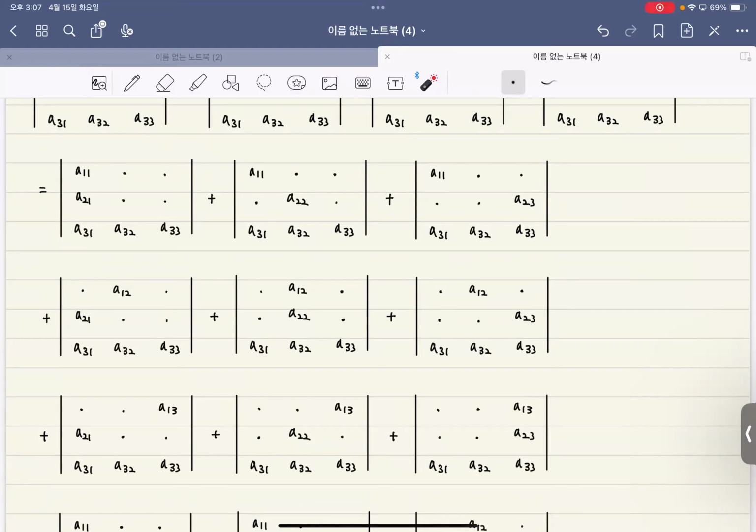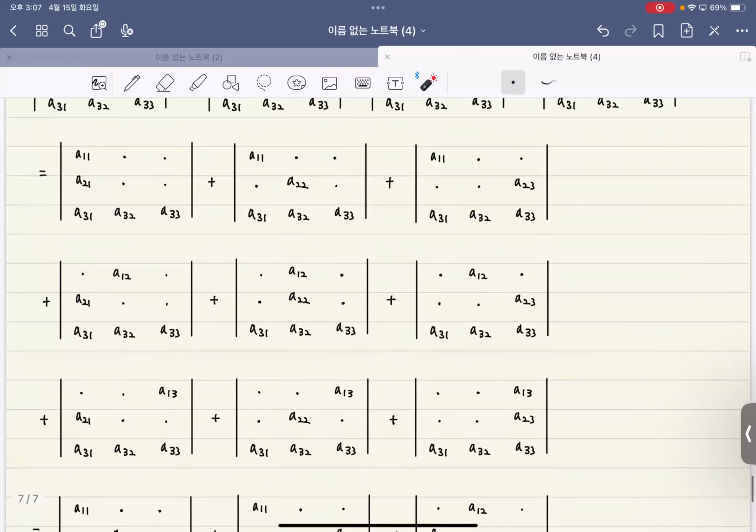Okay, it looks like things are getting worse and worse, but it's not that complicated. Because I am pretty sure that this number must be 0. Can you see why? Because of multilinearity, I can say this is A11 times A21 times 100, 100, and the last row.